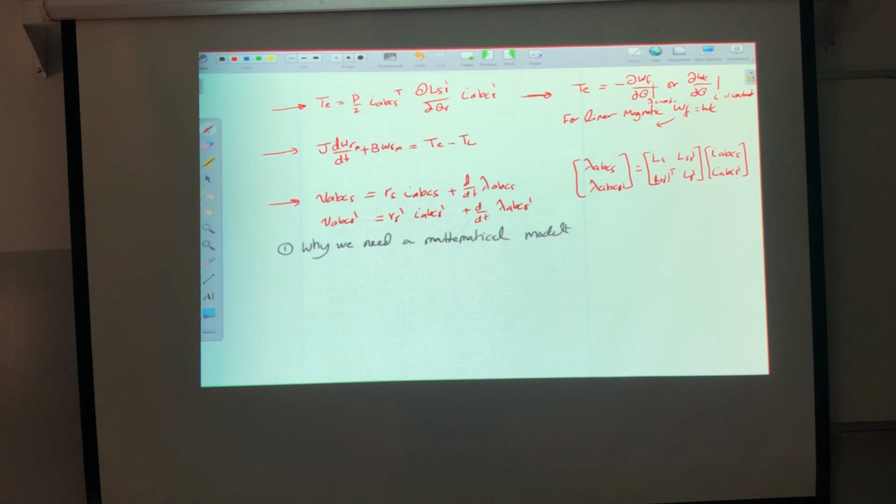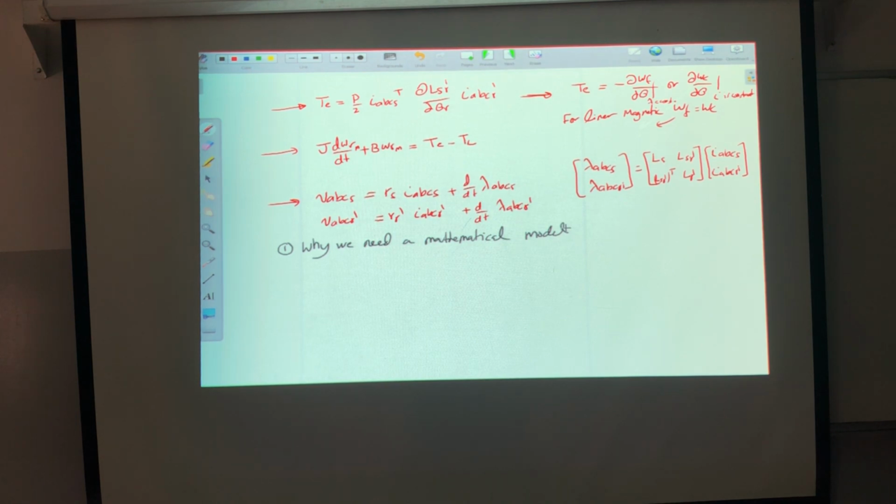The second requirement of any mathematical model is to be simple and accurate enough to capture the main feature of the physical system. I don't need to use 1 trillion equations in order to represent a mathematical model of the physical system. In the end of the day, it will be useless. Why? It will need huge memory requirement to code it, for example.